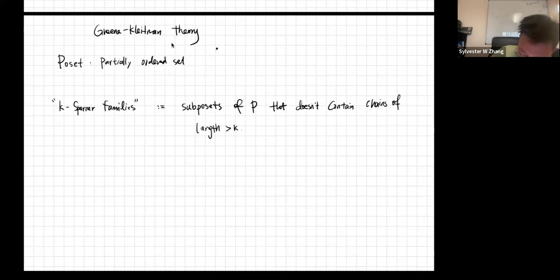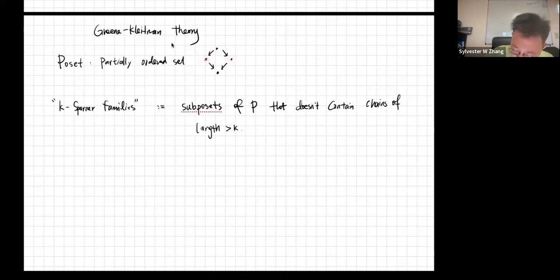And so you have some elements, and then they are partially ordered. And then you can usually represent the partial order using a Hasse diagram. So I'm drawing the arrows here. If A is pointing towards another element, then in this case, A is bigger than B in the partial order. But these two elements, there's not a connected path from one to the other, so they're not comparable to each other.